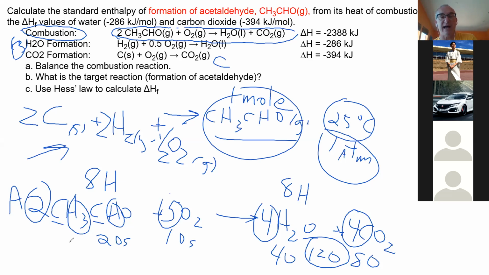So I'm not going to do that because you guys should know how to do that, hopefully. But I was worried that you wouldn't know how to get to the target because you may not have remembered what standard formation is. And you can see here the standard formation of water. It's the formation of 1 mole of water.